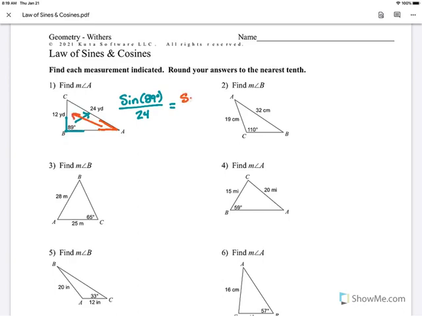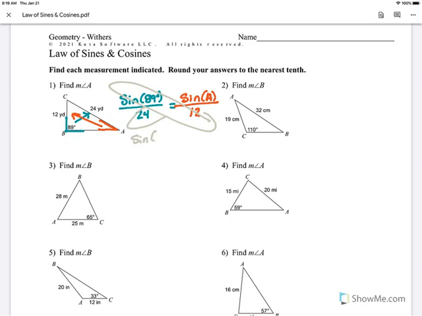So we have to do the sine of angle A. We don't know it yet, right? Over, what's the length of side A? 12. So now here's where we do our multiplication and division, right? So we're going to multiply diagonally, then divide.